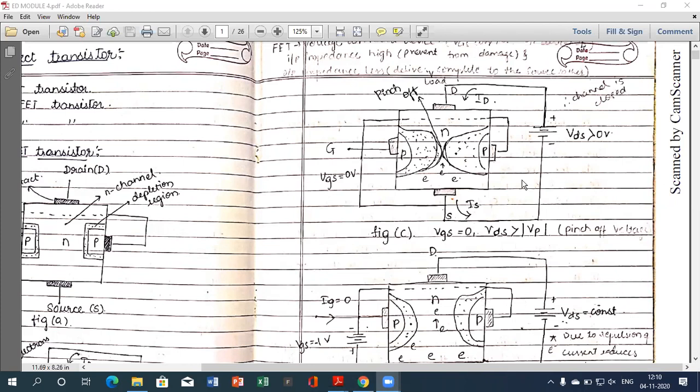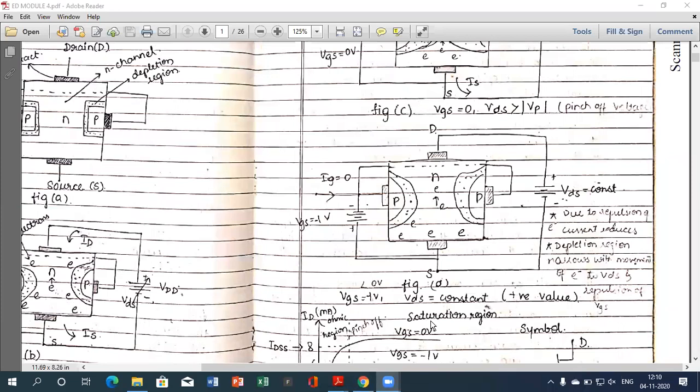Now, once this is done, we'll move on to the last condition, that is what happens if VGS becomes less than 0 volts, that is negative. Here it is negative, so don't get confused. I will make VGS less than 0 volts, meaning a negative voltage.